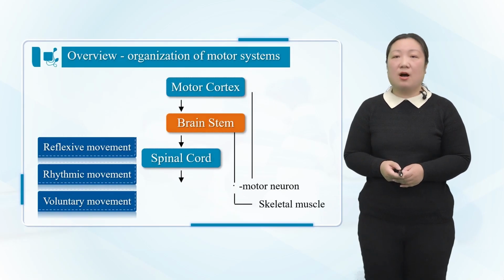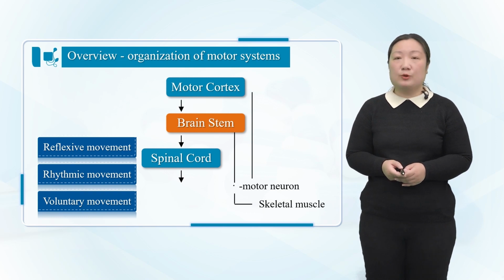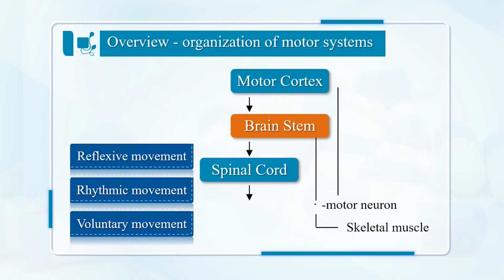Motor functions of the nervous system. Organization of the motor system: motor cortex, brainstem, and spinal cord movement, including reflexive movement, rhythmic movement, and voluntary movement.